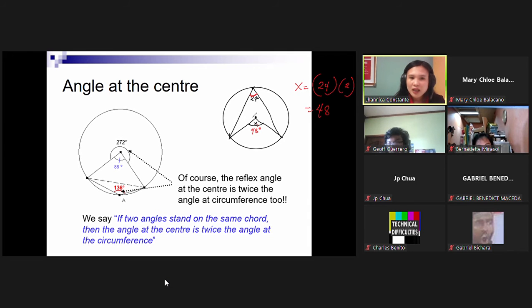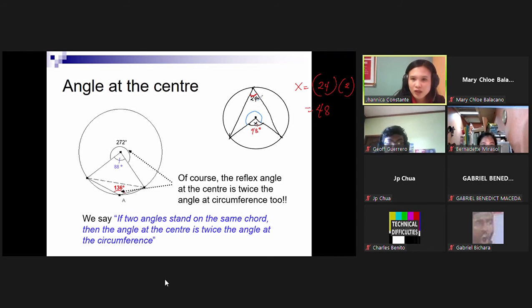And the same, your reflex angle or exterior angle has the same measurement, which is also twice of your circumference angle.